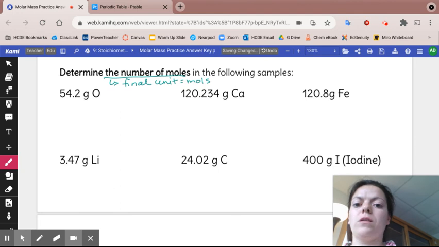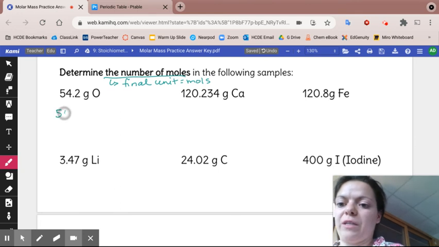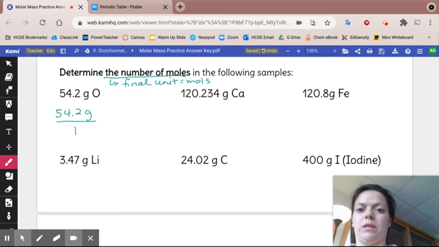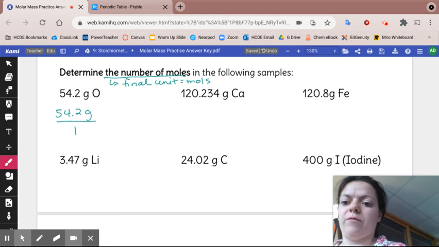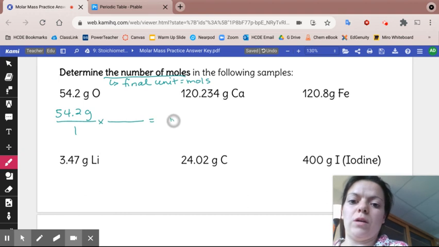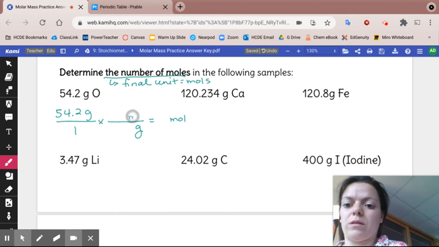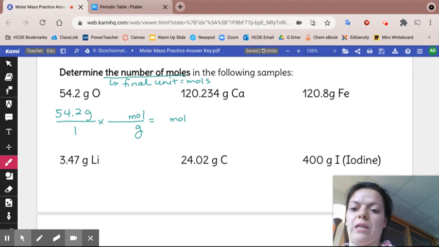Okay, so here we go. We have 54.2 grams. That's just going to be over 1 because there's nothing else in that unit for us to use. Okay, I want to get to moles at the end. So I know that I'm going to need to cancel out grams. So I need grams on the bottom and then moles on the top.